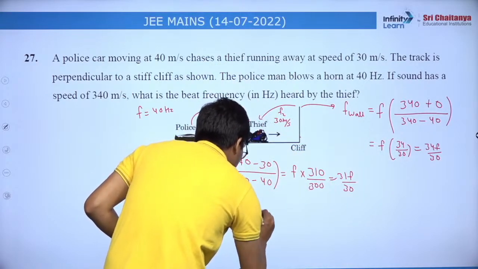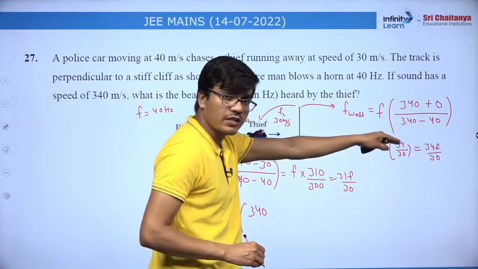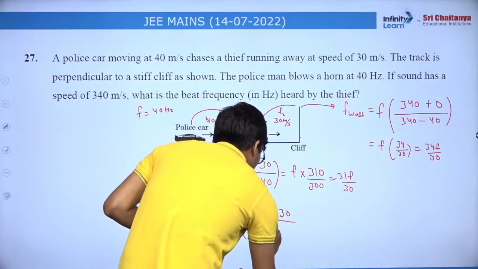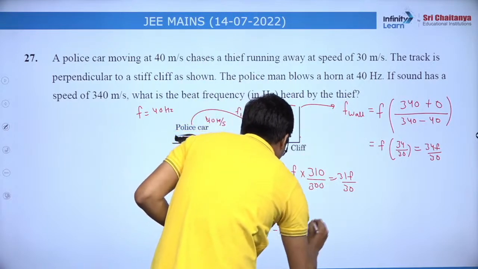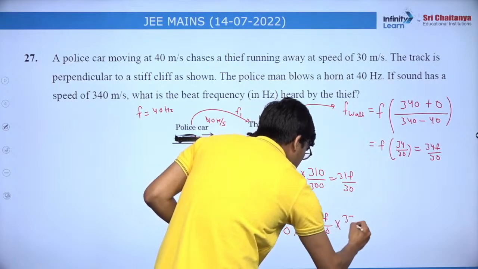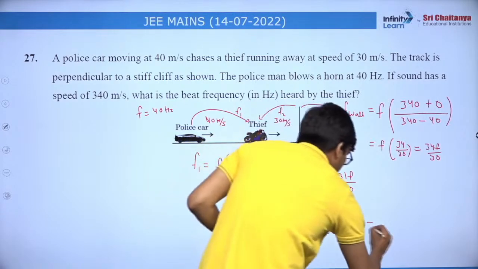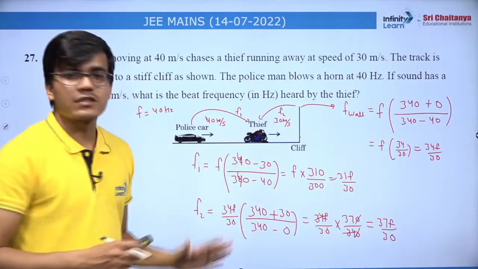and for the Doppler shift, the observer in this case is this one, right? It is coming near to the source, so there should be plus, and this is the source, the wall is at rest, so it has to be 0. So 340F divided by 300 into 370 upon 340, the 340 cancels, so 37F by 30. So these are the two frequencies.